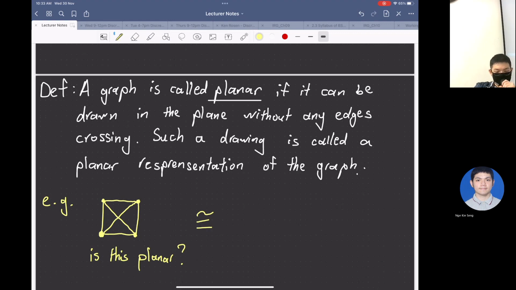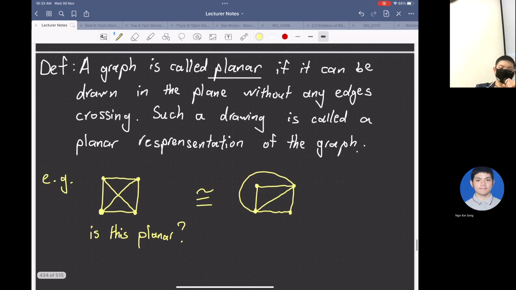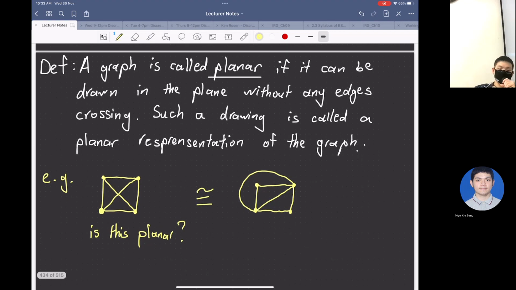Last week we learned isomorphism of graph, right? So we can redraw this graph. In this way, it's not crossing. That means as long as you can find a planar representation of the graph such that there's no edge crossing, then it is planar.